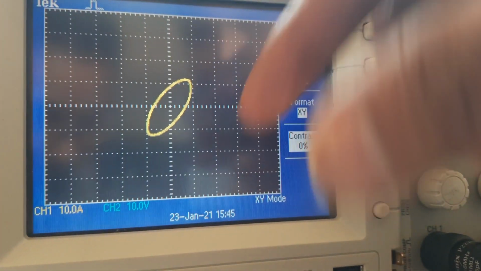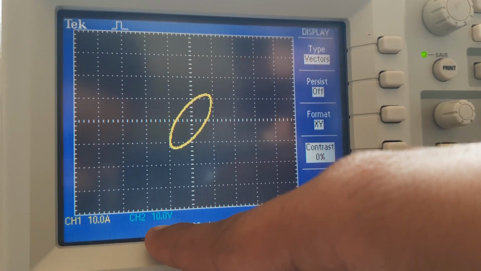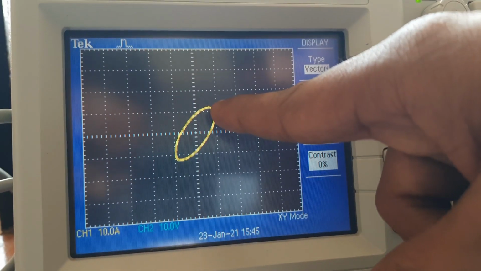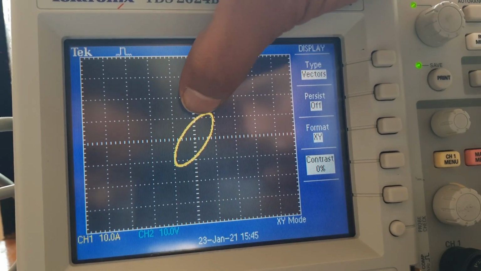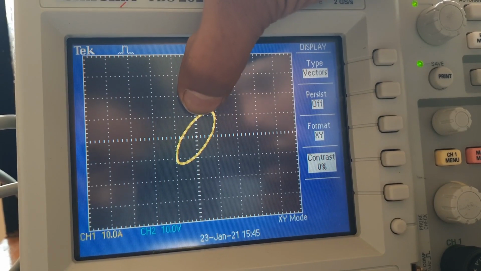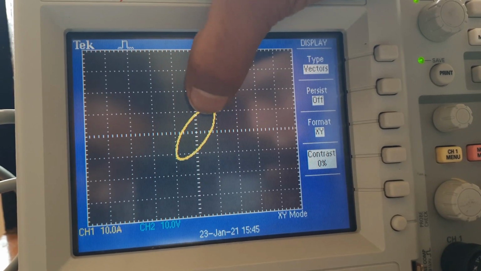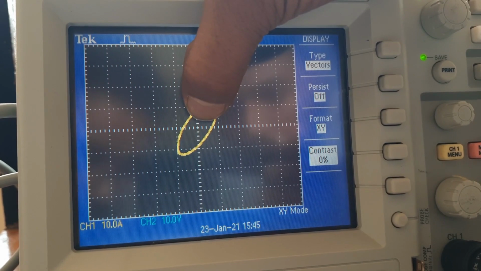Now observing our Lissajous pattern, here we have CH2, that means channel 2, which is on the y-axis, okay. We have one division of 10 volts, that means this whole one division is 10 volts, so each small division is 2 volts, okay.